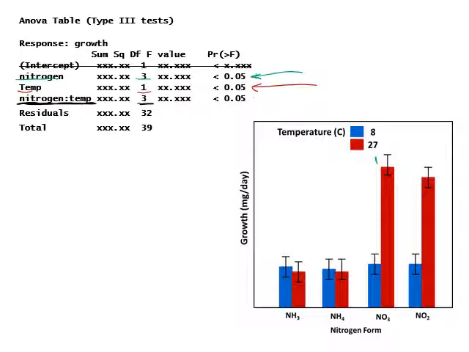Likewise, you can't really say that nitrogen has a significant effect on growth because whether or not nitrogen has a significant effect on growth depends on what temperature the plants are being grown. So making conclusions regarding the main effects becomes a little problematic if the interaction term is significant.